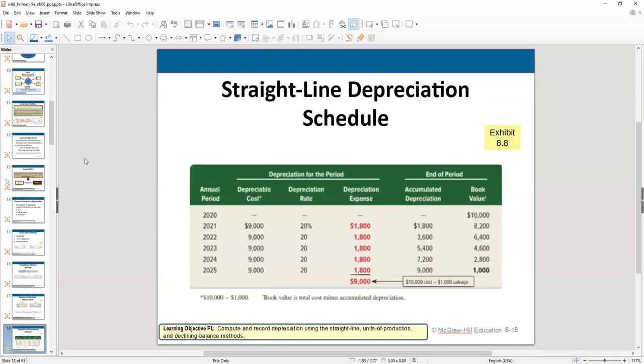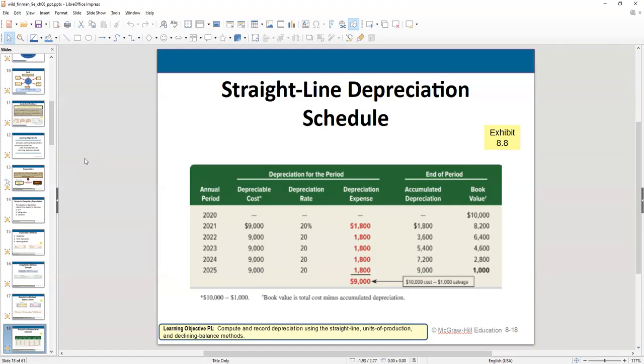This is what a straight line depreciation schedule looks like. You'll see in the first column, there's the depreciable cost. That's that basis I was telling you about. We can see that the straight line rate is 20%. To determine that, we're going to take 100% divided by 5, which is the life of the depreciable item. If it was in fact 8 years, the depreciation rate would be 12.5%, and so on.